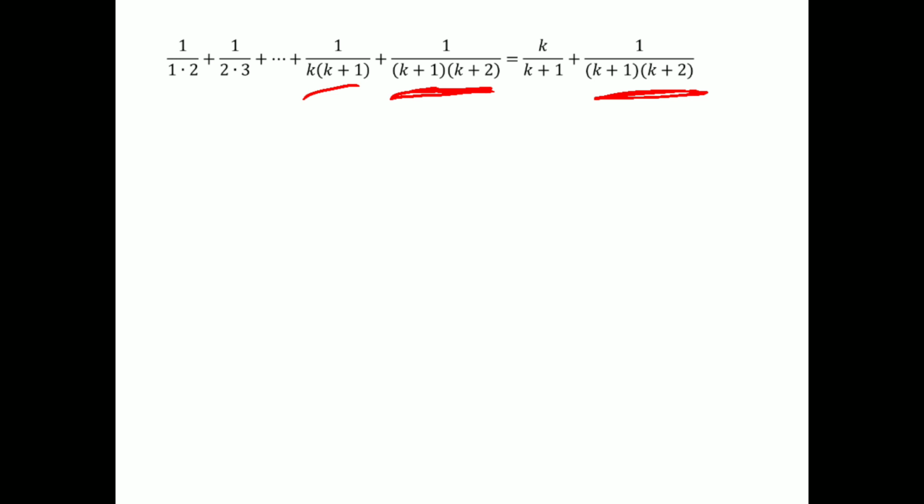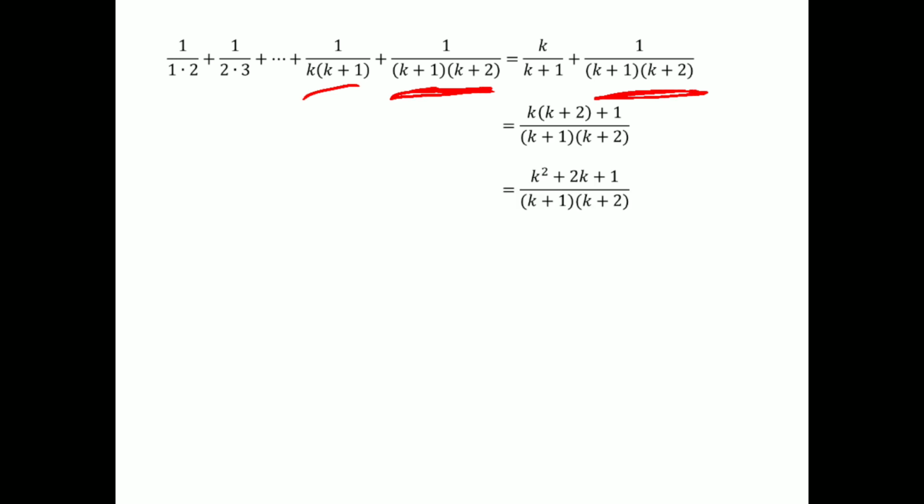To continue solving the right-hand side, we find the LCM, which is k plus 1 times k plus 2. Then k plus 1 in k plus 1 cancels to remain k plus 2; k plus 2 times k, we have k plus 2, then finally plus 1. That's finding the LCM.